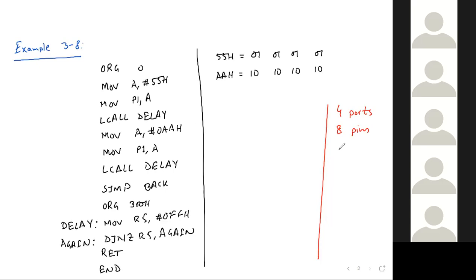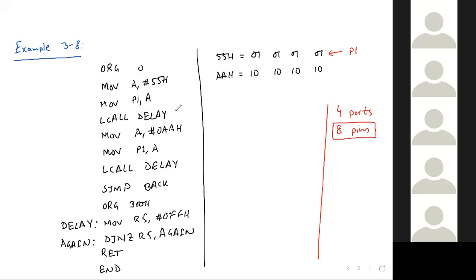Now the question says, write a program to toggle all the bits of port 1. So how can we toggle? See, first of all, we are sending this value to port 1. Initially, starting with 0, moving 55H. I have shown you the binary format. We are moving 55H to A, and then we are moving the value of A to P1. In port 1, as I said, we have 8 pins, so in 8 pins, these values will go.